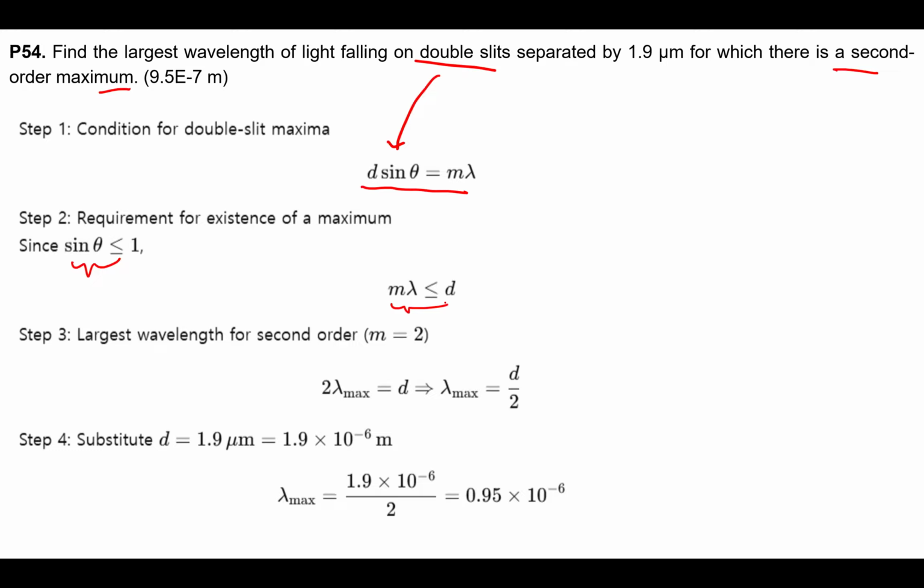So m lambda should be smaller than d. So for the largest wavelength, for the second order m equal 2, 2 lambda equal to d, so lambda max is equal to d over 2. d is given here, so that we get lambda maximum is this, which is 10 to the minus 6 meter.